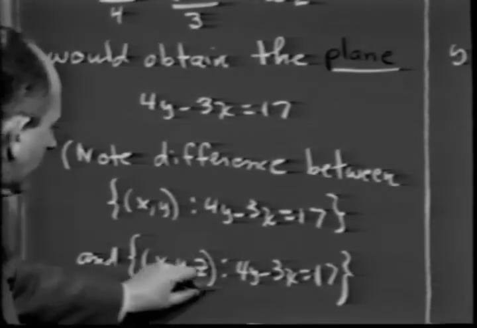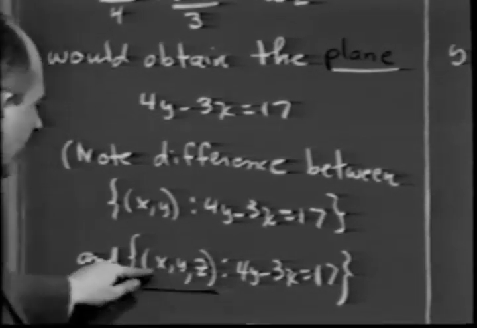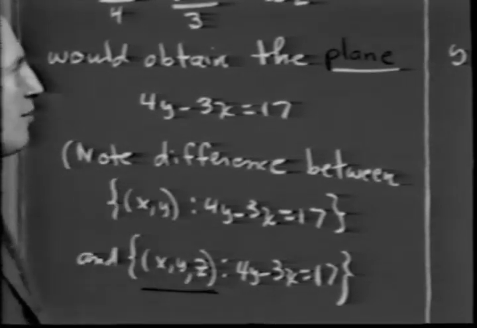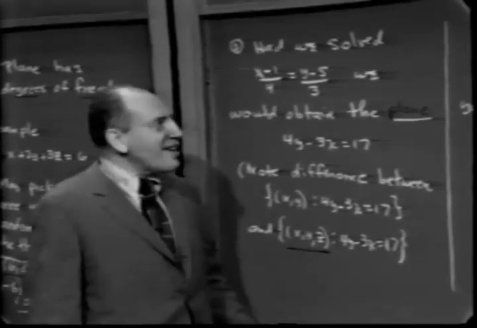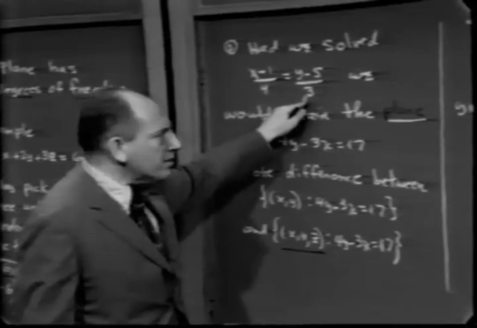In this particular example, we're talking about points in space. In other words, our universe of discourse are the points (x, y, z), not the points (x, y).